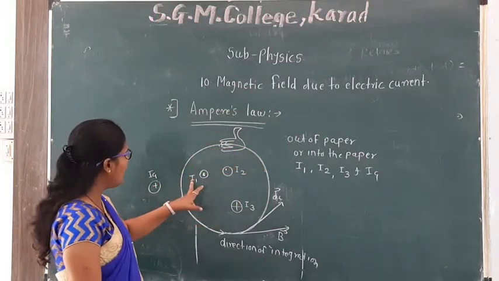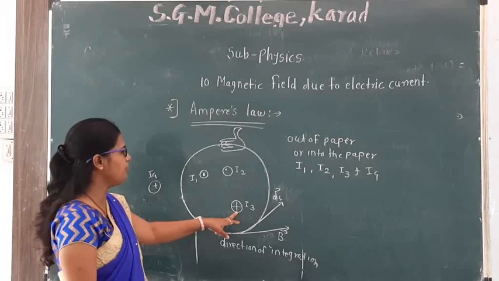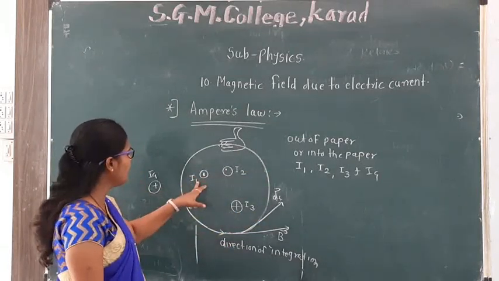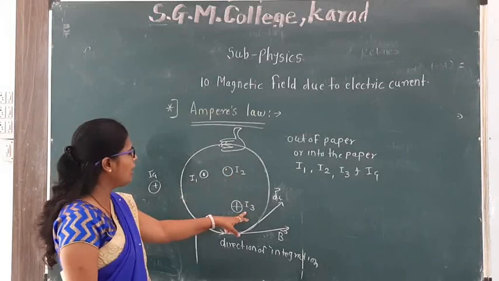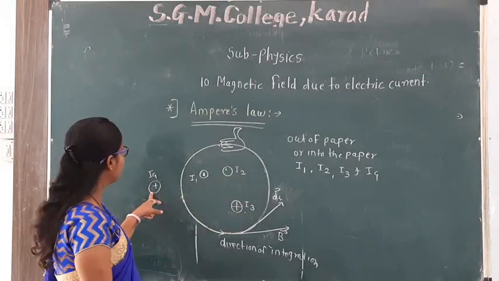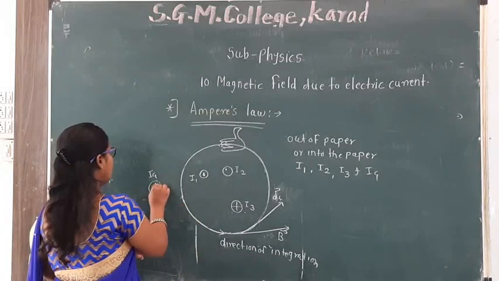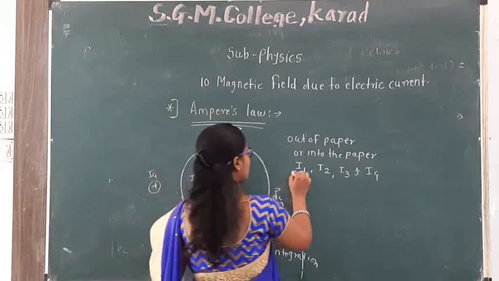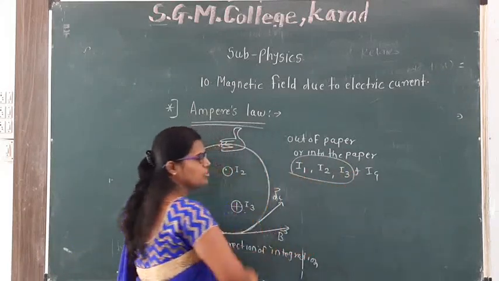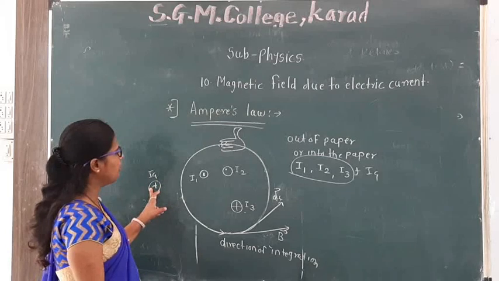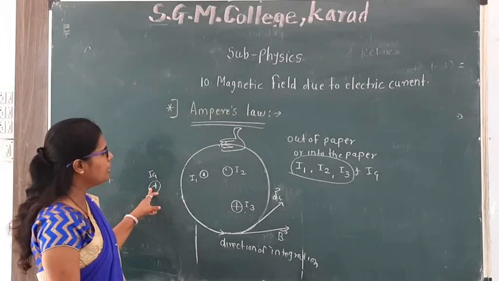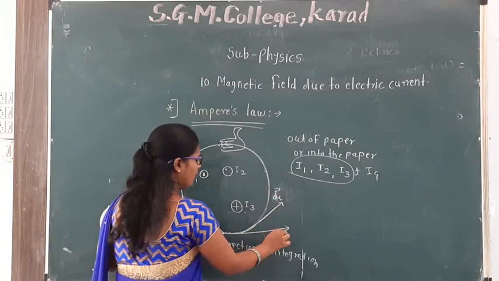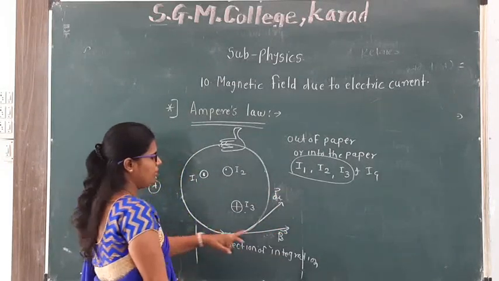The Amperian loop is drawn around only three currents, I1, I2 and I3, and I4 is not part of the Amperian loop. Now here, dl is the length of a small element, and B is the magnetic field of induction.